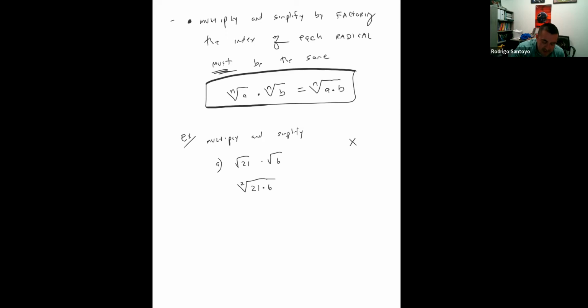That really means that the coefficient is what? What's the number in front of that letter? 1. If it has no exponent, it really means that the exponent is what? 1. So with the radicals, that really means that the index is 2, because we're used to seeing that radical symbol.